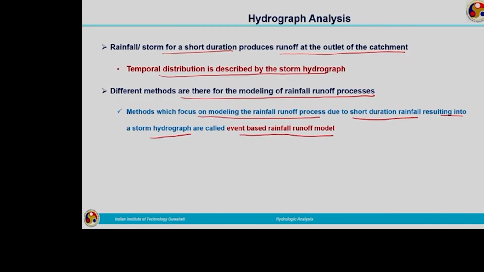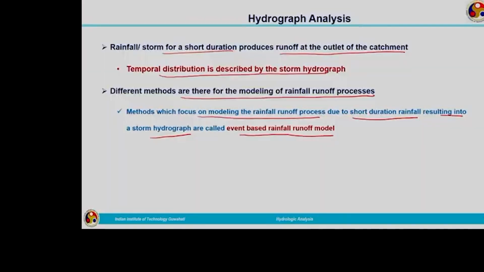So, in such cases we are studying the runoff which is produced due to this storm. A particular event is chosen and the impact of that is studied. Those types of studies are termed event based rainfall runoff models. Especially in the case of flooding related studies, we need to look into event based rainfall runoff models.